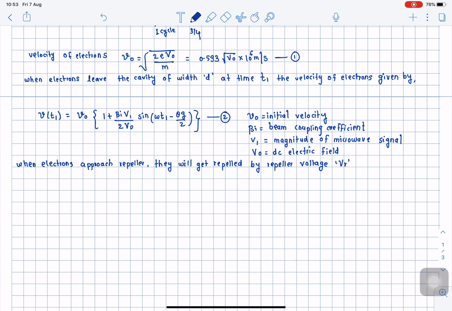So the total electric field, therefore, how is it given?